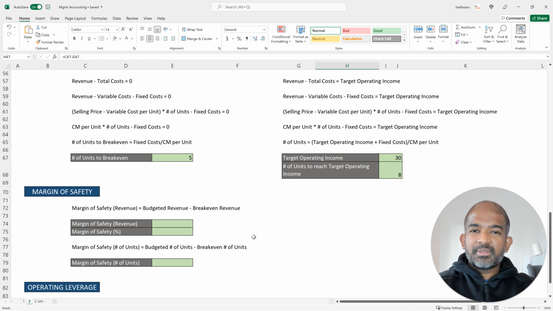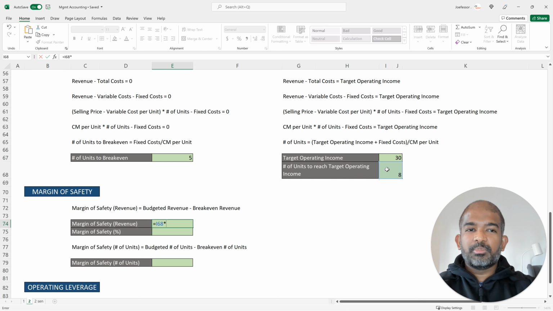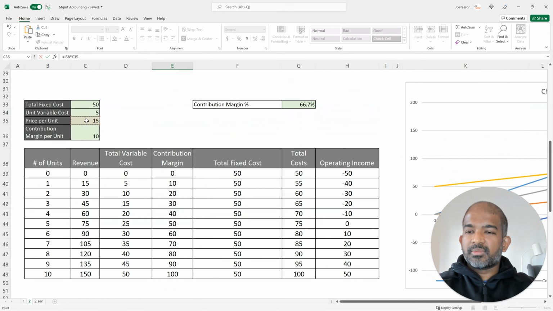The margin of safety from a revenue standpoint is given by the difference between the budgeted revenue and the break-even revenue. Now, keeping up with the same numerical example, let's assume that our budget shows that we produce and sell 8 units. So our budgeted revenue would be the number of units, 8, multiplied by the selling price of each unit, which is 15.